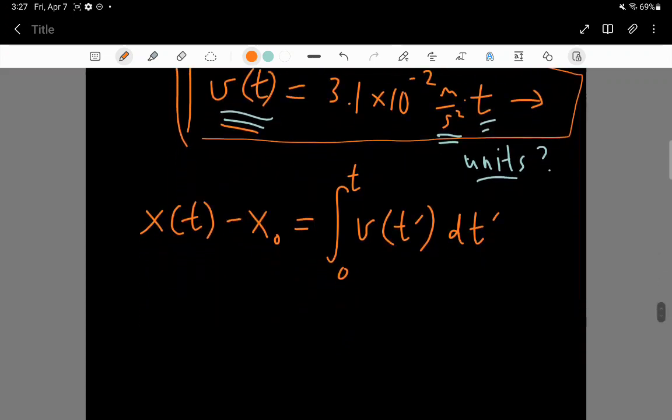And if you remember, x naught equals 0. At t equals 0, we're setting the location value equal to 0. So x naught equals 0. And so what you end up getting when you finish this integral is the following expression for x of t.